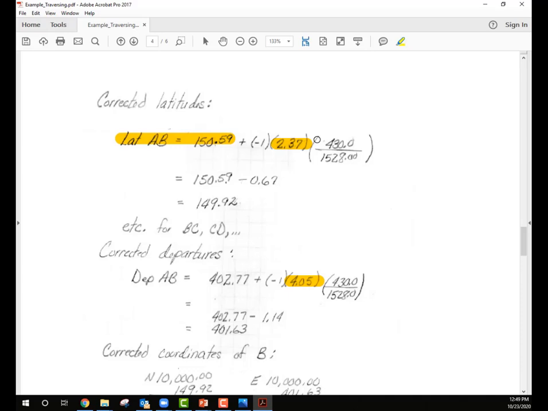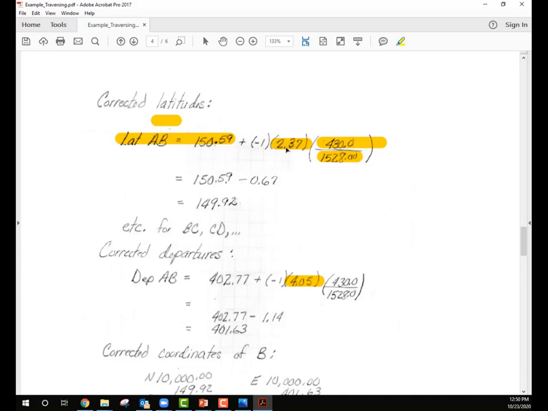I also know the total perimeter of this traverse, and the length of this first side. The line segment from A to B is 430 feet long as directly measured, and the total traverse should be 1528.